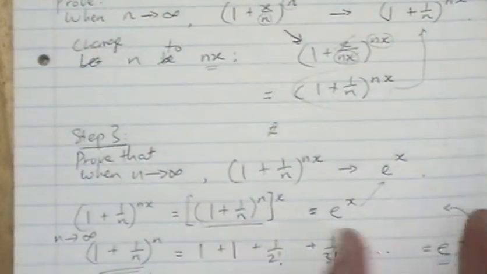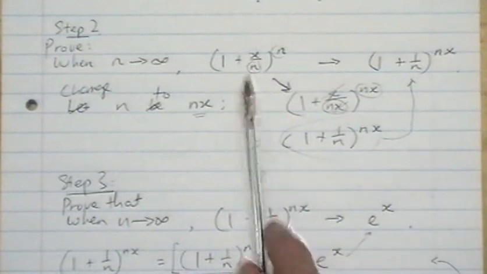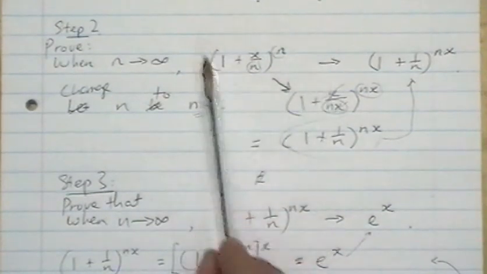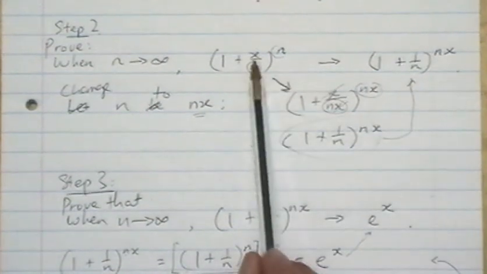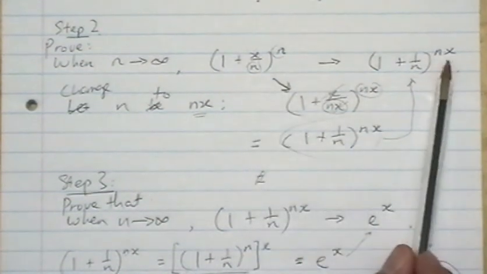And then in the next 2 steps, I have shown that this expression on the left, first in step 2, can actually be rewritten in this form with the x taken out of the bracket and into the power.